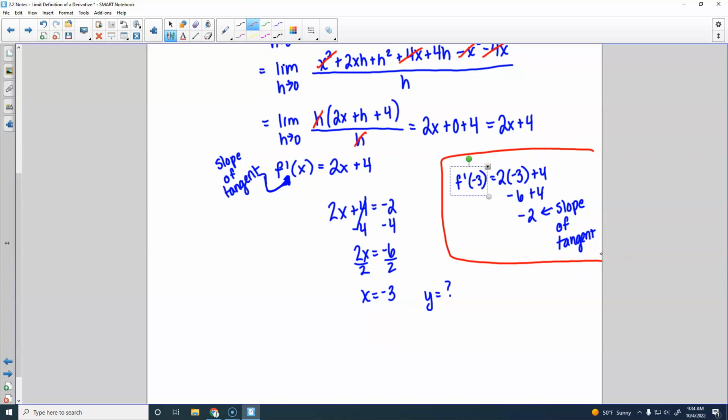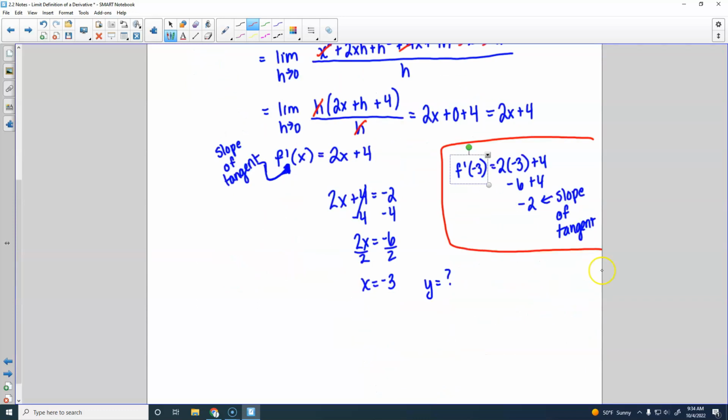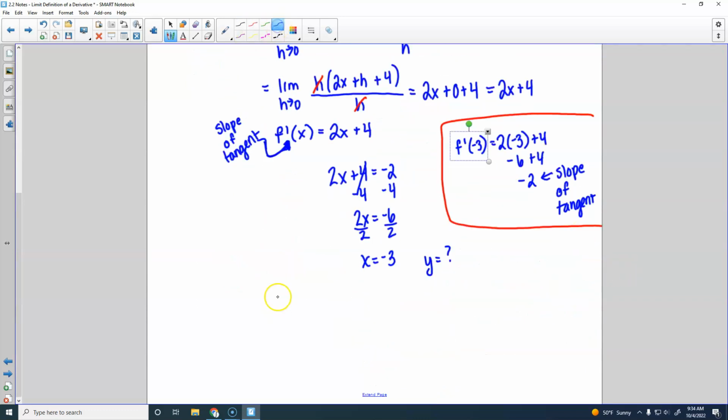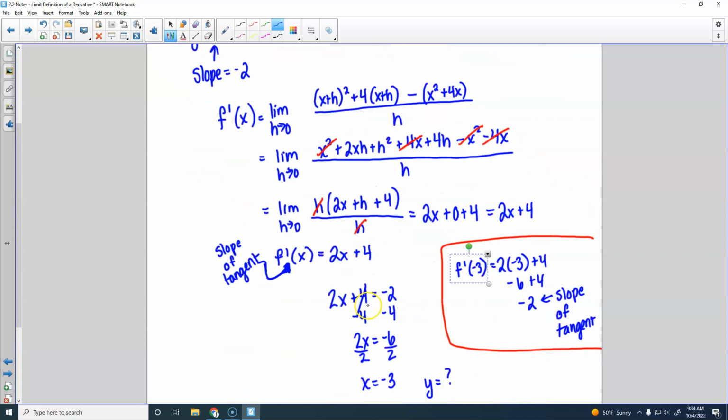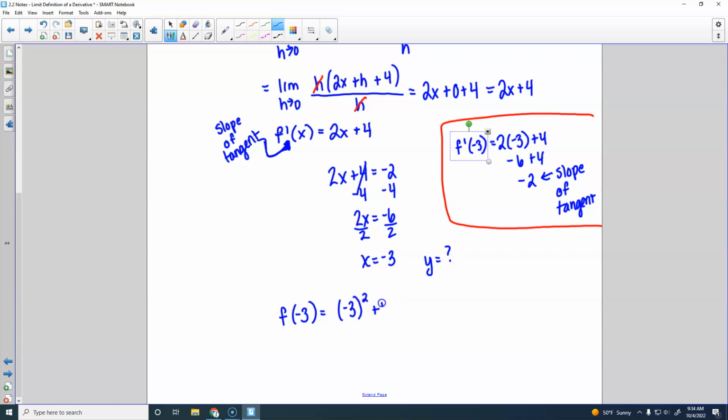So how do I find the y coordinate of the point? f of negative 3. I plug it into f of x to find that point. So I'm going to do f of negative 3, which is going to be negative 3 squared, plus 4 times negative 3.